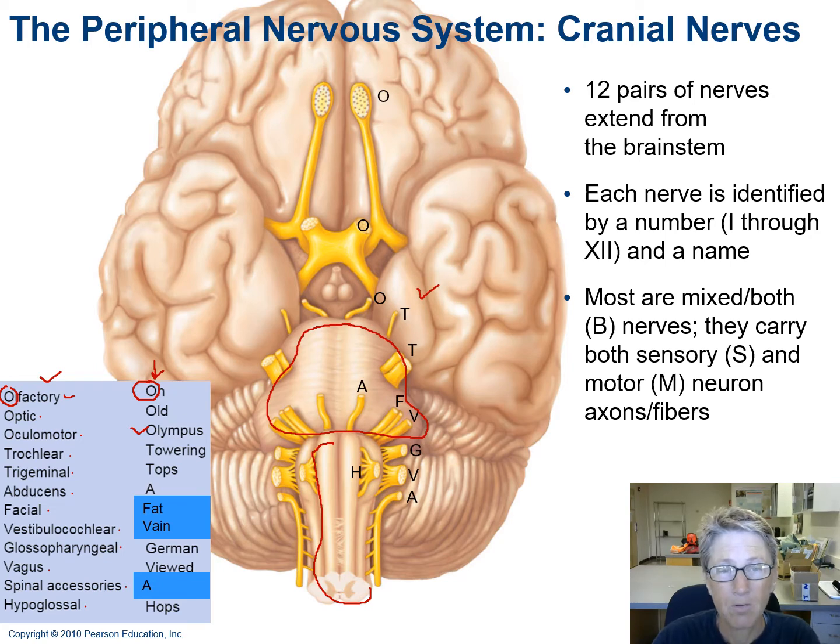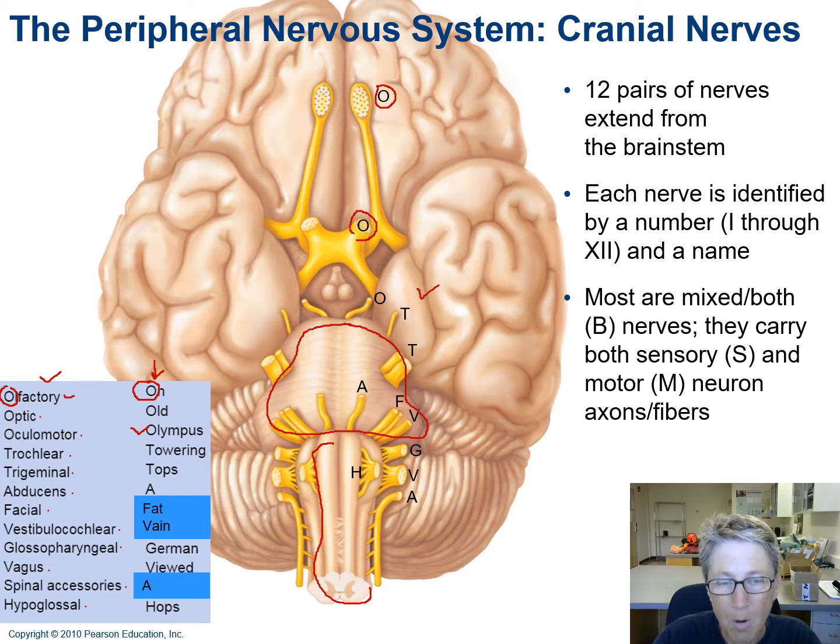In this part I put the first letter of the cranial nerve where that nerve is approximately located. We'll go over each one of these cranial nerves, but here's the olfactory nerve, comes here. The optic nerve is cut here.